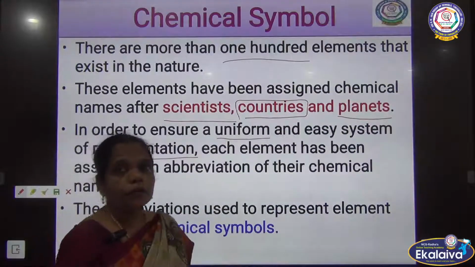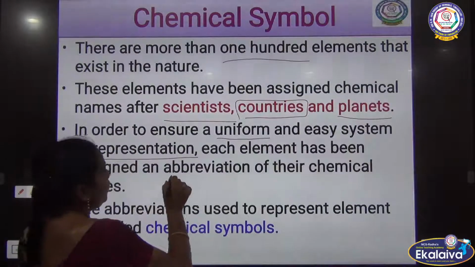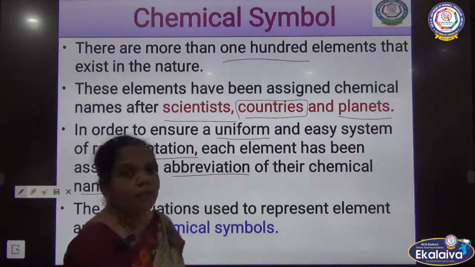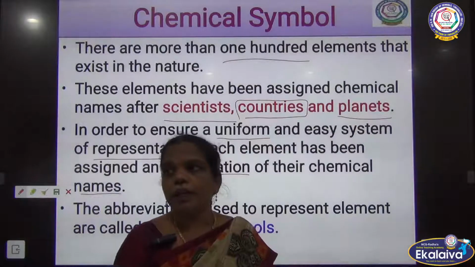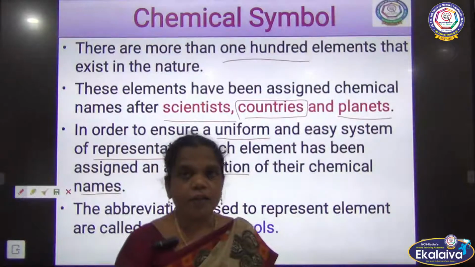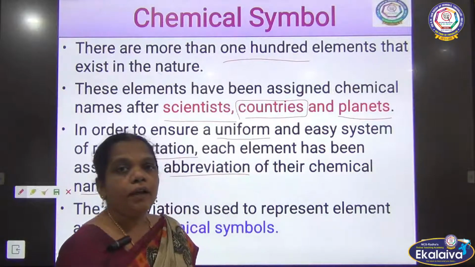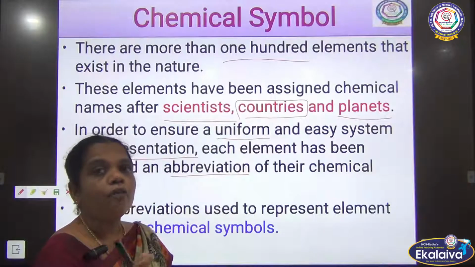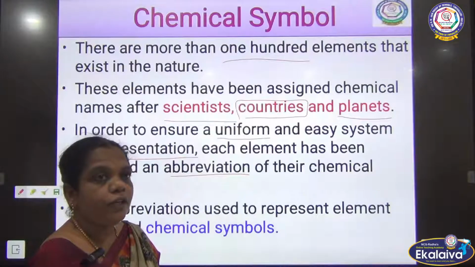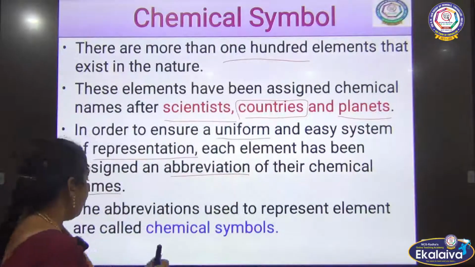How are we going to use this? By the abbreviation of the chemical name. First we give the name based on the name of the scientist, country or planet, and then we assign the symbol by the abbreviation, the short form of the name of the element. Understand? By the short form we can represent the element easily.